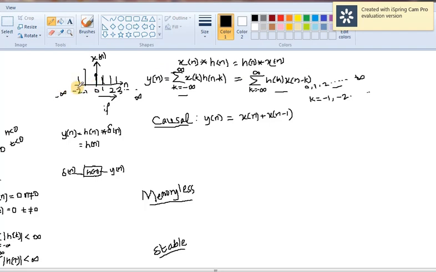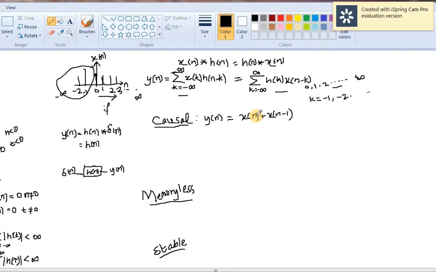So if it depends on even one of them, I mean if x of n has one sample on the left hand side of its axis, maybe at -1, -2 or at any value on the minus side, then certainly we will get x of n plus a value, and our signal becomes non-causal. So what is the condition for causality?